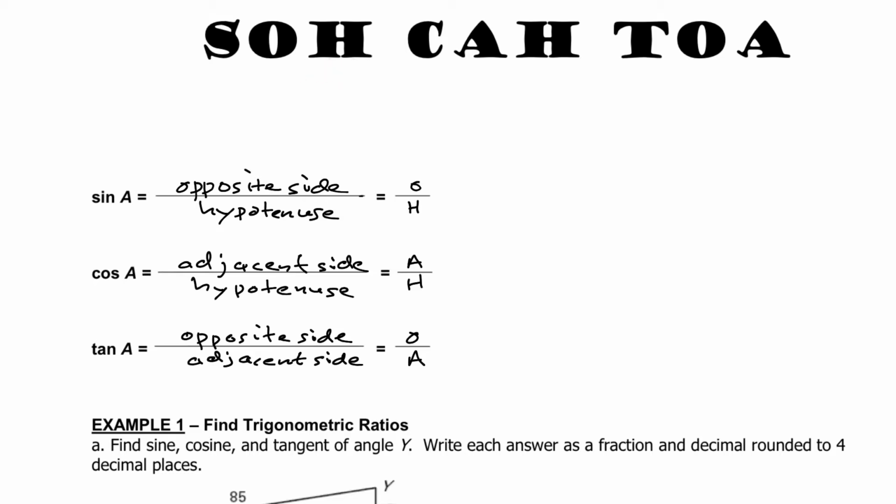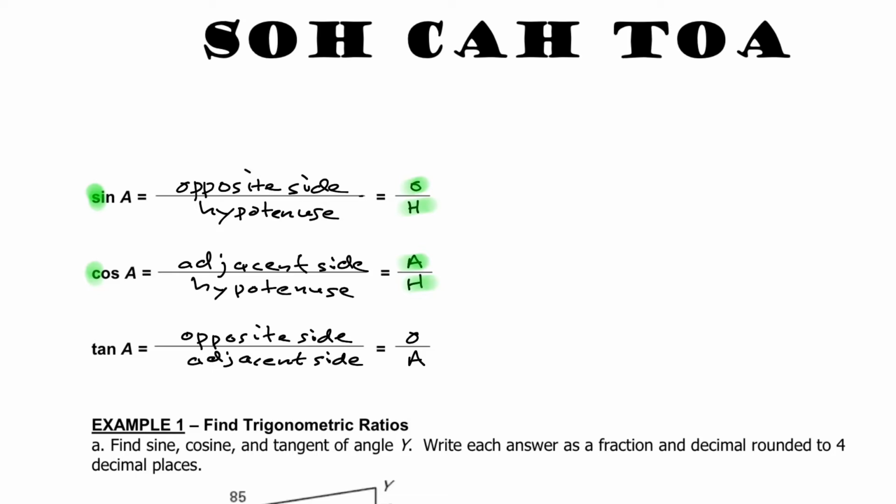So we have the S, O, and then H. In the middle, we have CAH, C-A-H. That is the C from the first letter of cosine, and then A over H. That gives us the CAH in the middle. The cosine is the adjacent over the hypotenuse.